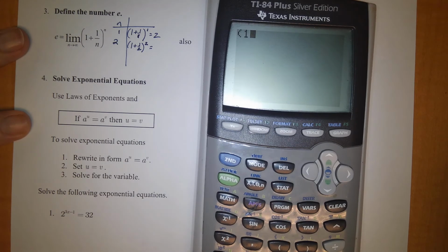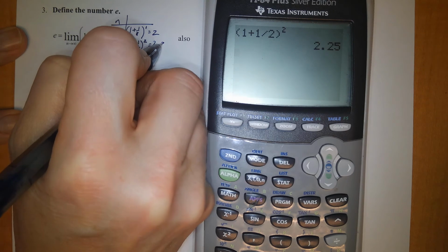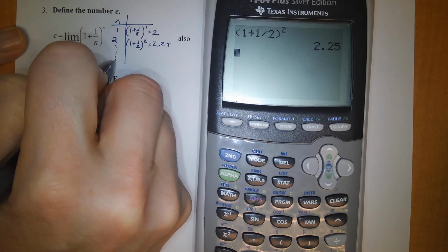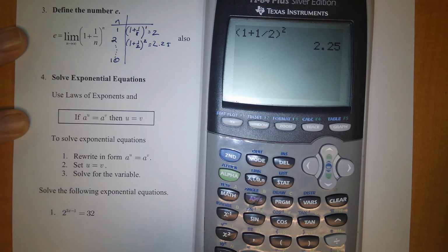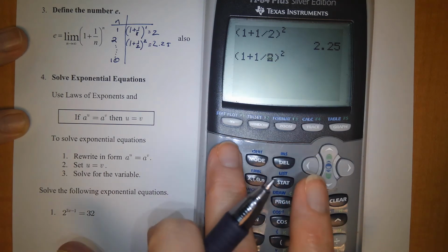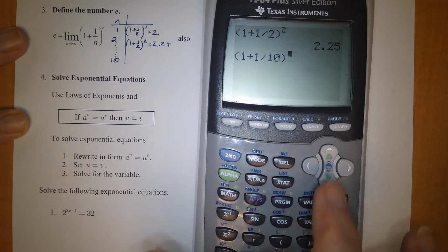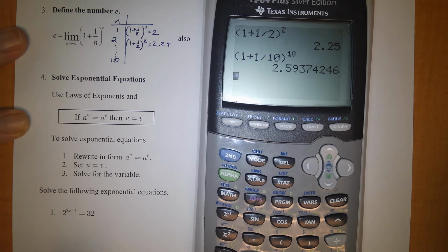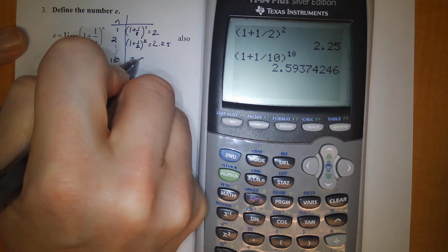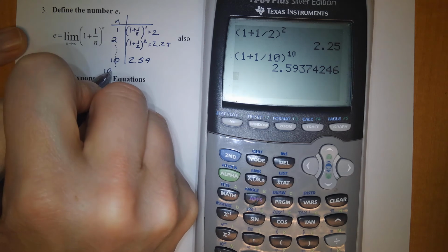So this becomes 1 plus 1/2 squared, and that becomes 2.25. And as we get bigger and bigger, let's try 10. This becomes 1 plus 1 over 10, to the 10 power, and that becomes 2.59. And let's go even further. Let's try 10,000.